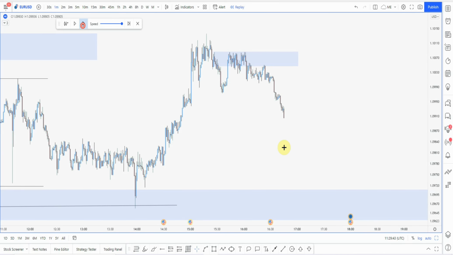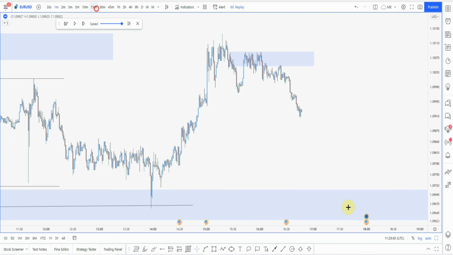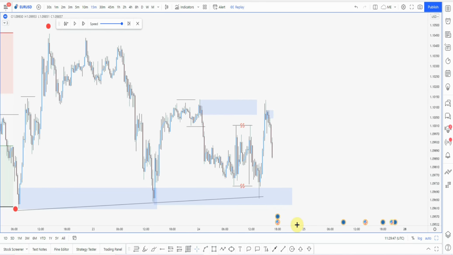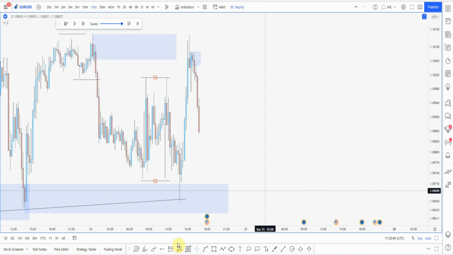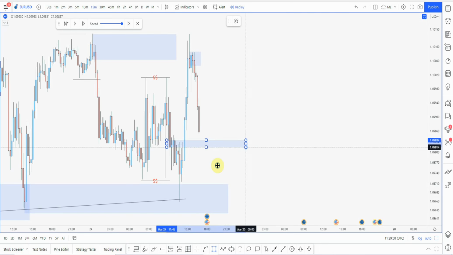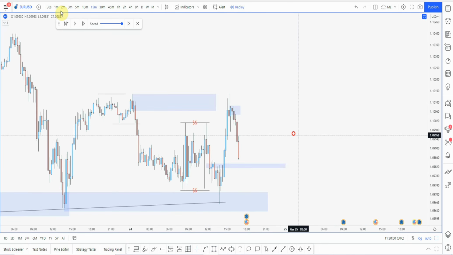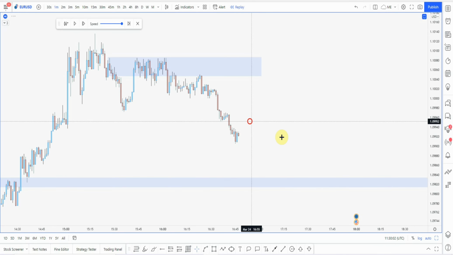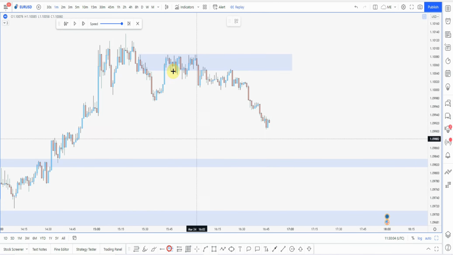Okay, when we go to the 50-minute time frame, the market left this resistance zone. This is a resistance zone, okay. Sorry, a support zone. And also it is a very bad time.